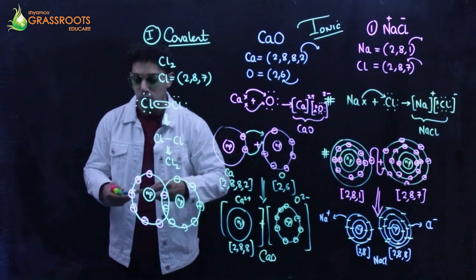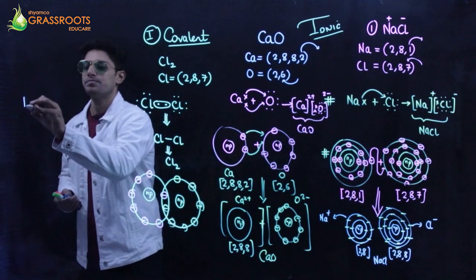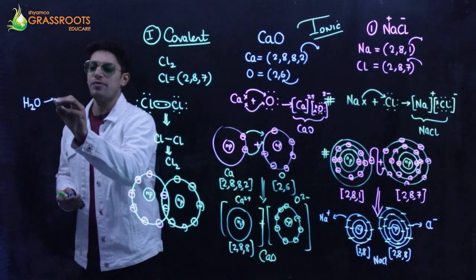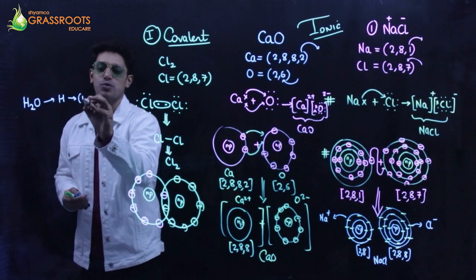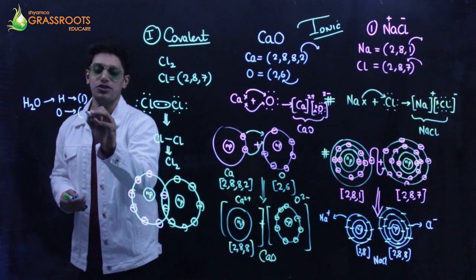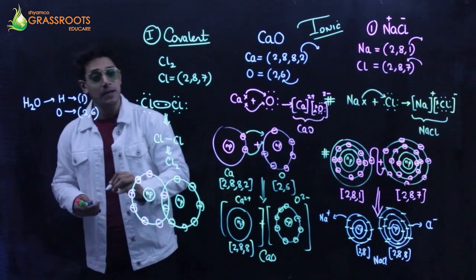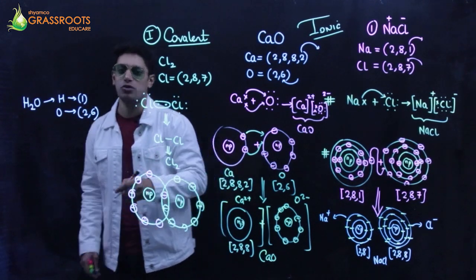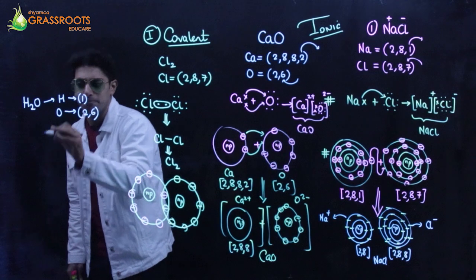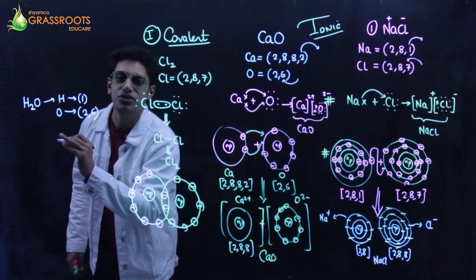Alright, water. Water is H2O, in which hydrogen's configuration is 1 and oxygen's configuration is 2, 6. Talking about the dot and cross structure, 2 hydrogen, 1 oxygen.